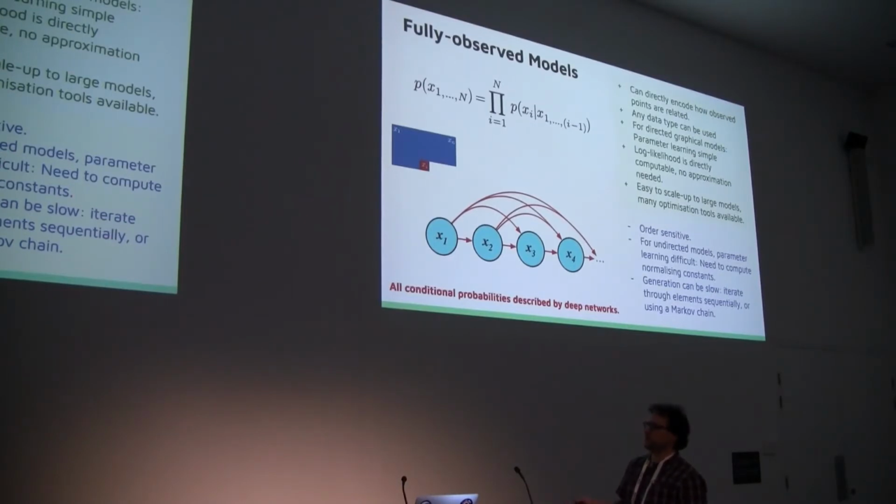And also, generation is slow. Why is sampling from these models slow? Because you must generate variables one at a time. I cannot generate x4 if I have not generated every random variable in between. So I cannot run things in parallel, which is also part of the reason why deep learning is so powerful, because we can exploit a huge amount of parallelism in these models.